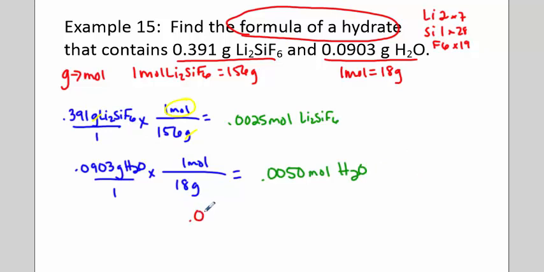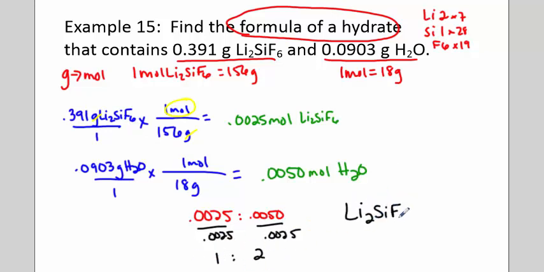We have 0.0025 to 0.0050. 0.0025 is the smallest, so we divide by the smallest. That gives me a 1 to 2 ratio. So my formula is lithium hexafluorosilicate, don't forget the dot, 2H2O. So the name would be lithium hexafluorosilicate dihydrate.